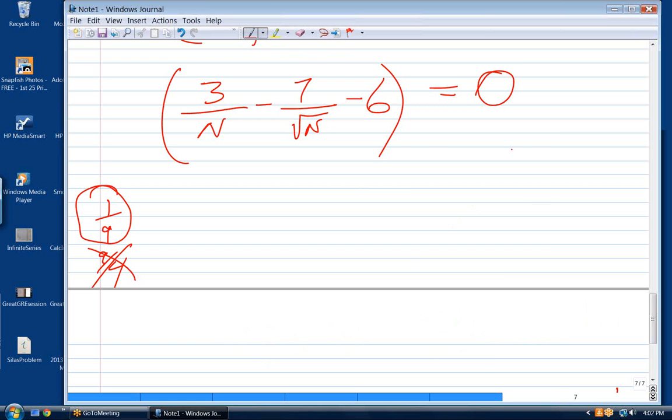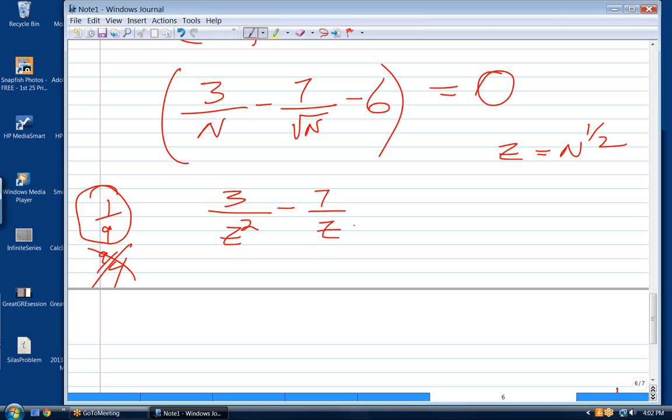There's no question we're going to have to let z equal n to the 1/2. So that would give us 3 over z squared minus 7 over z minus 6 equals 0.